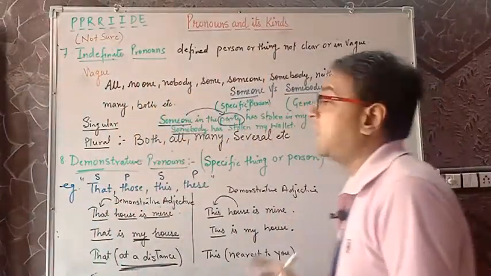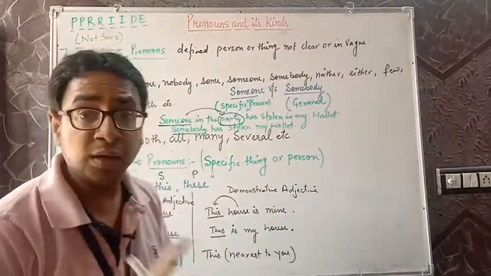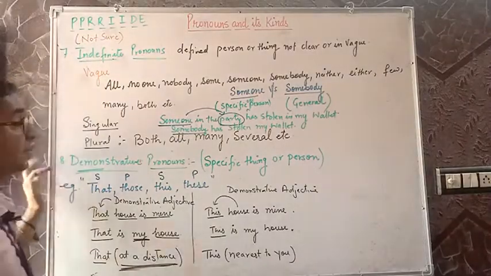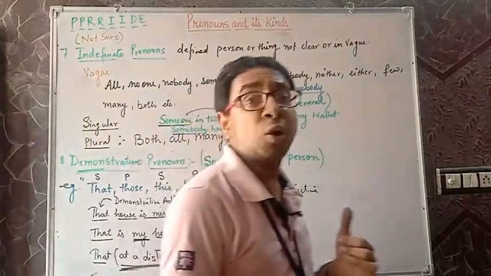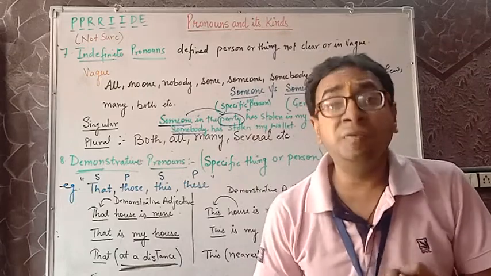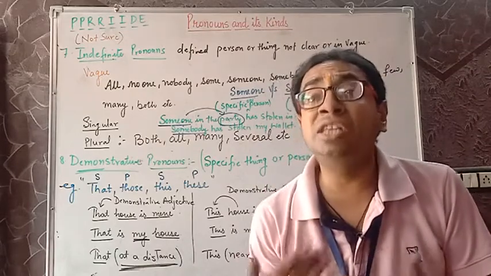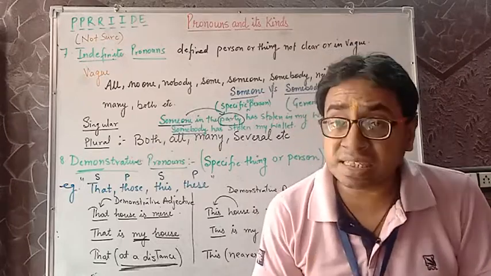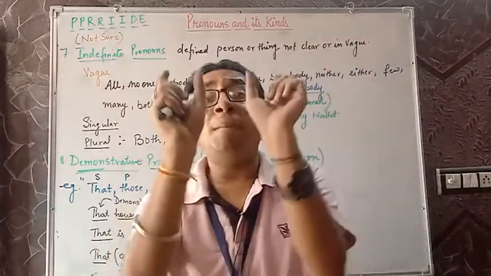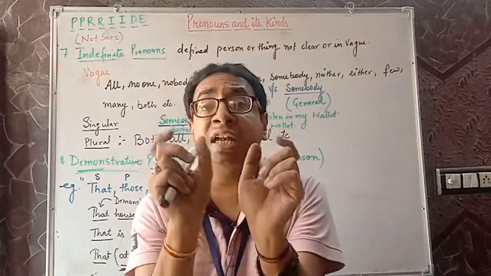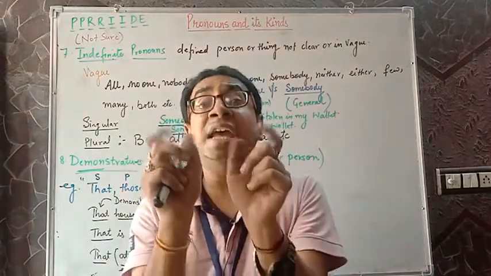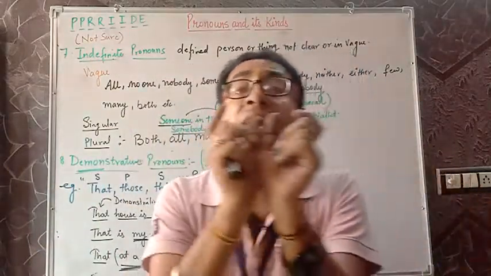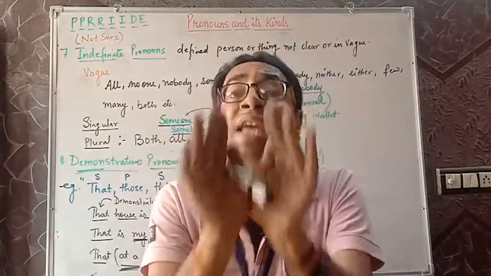Any doubt anyone is having with pronouns now? Clear? Any doubt with the indefinite and demonstrative? Personal pronoun, when we talk about a person or thing. Possessive, when we talk about possession: mine, yours, hers, theirs, ours, etc. Reflexive: myself, himself, herself, yourself, themselves, itself appear as an object, but emphatic appears next to the subject.